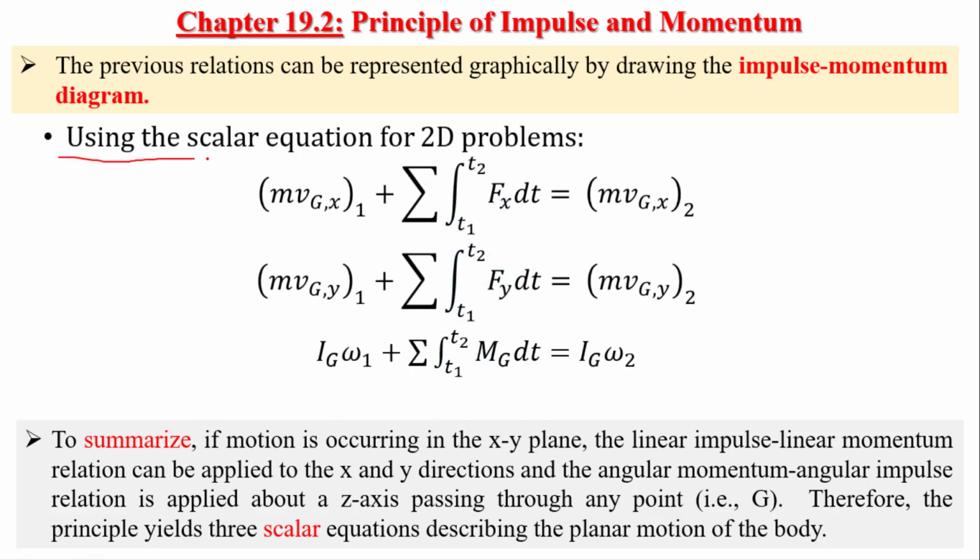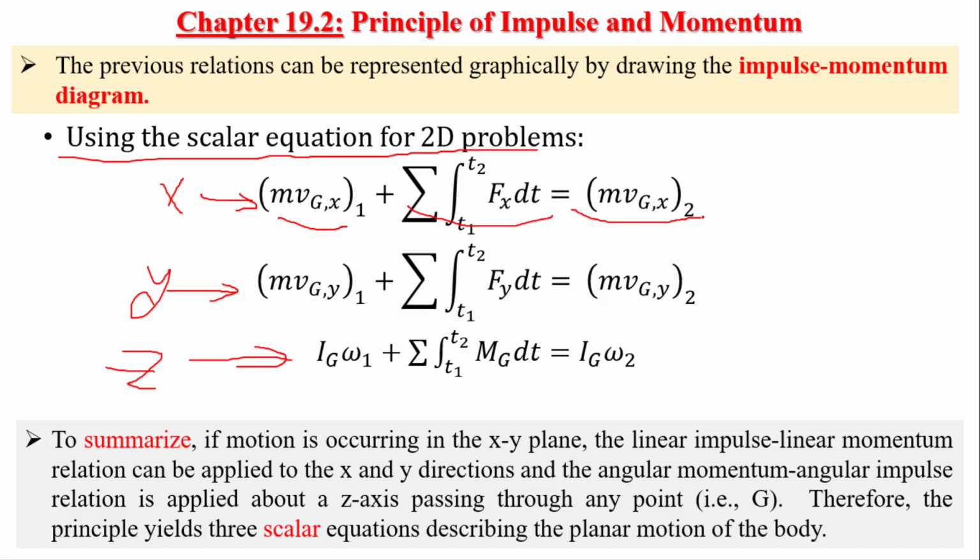So using a scalar equation for a 2D problem, here is the x equation, here is the y equation, and here is the z equation. Please notice that here we have linear momentum plus linear impulse equal to linear momentum. Here again linear in y direction, impulse in y direction, and this is linear momentum in y direction.